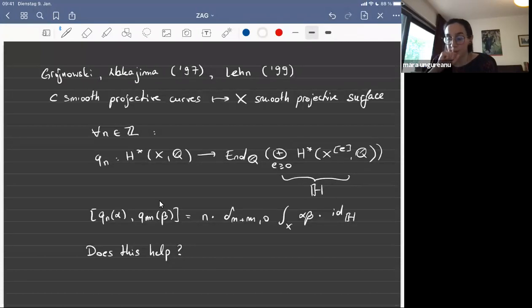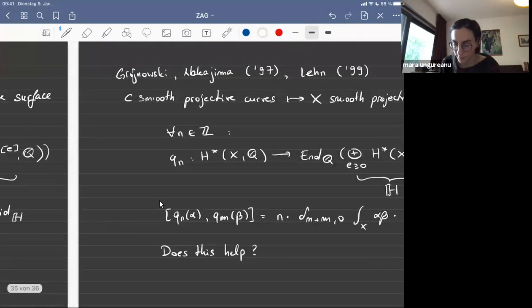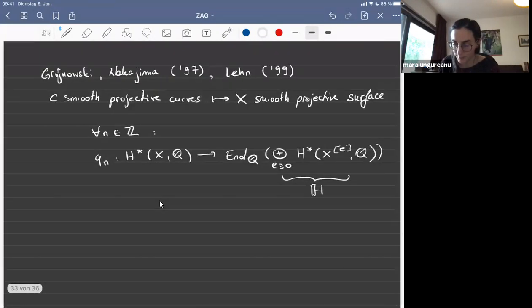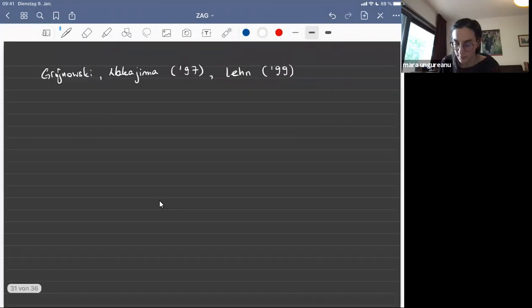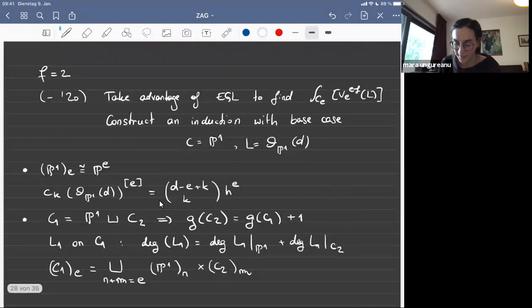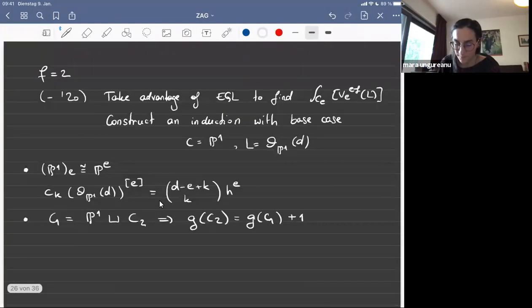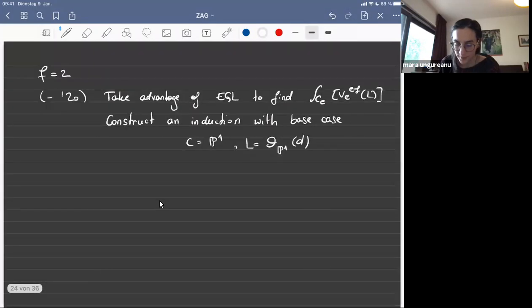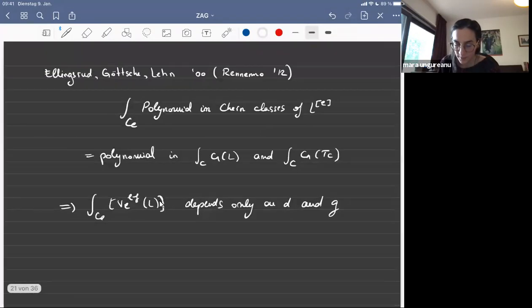For higher dimensional things, it's not like you don't know anything. When I mentioned here the work of Rennemo, building on Ellingsrud-Göttsche-Lehn, they proved this result about the universal polynomials.